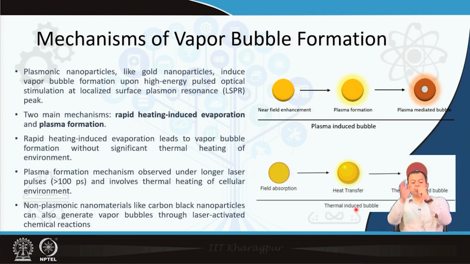Usually, as I said, the surrounding area is water or waterish. So, it can simply heat up and become some kind of steam, and this steam bubble is surrounding the nanoparticle. The nanoparticle has heated up, and the heat has transferred to its surrounding area.